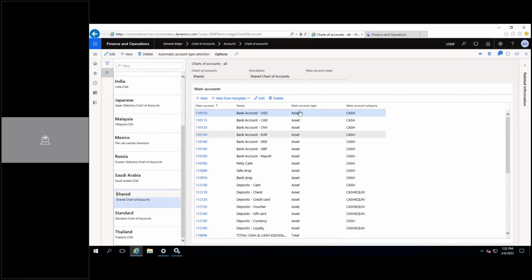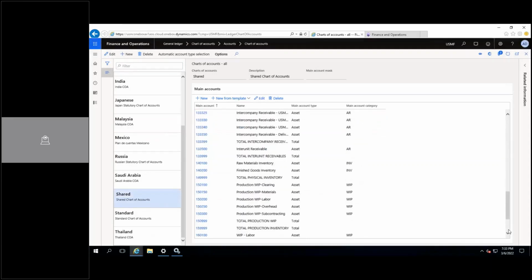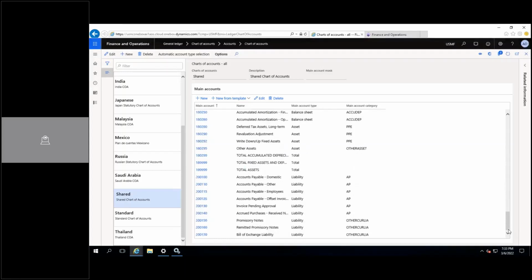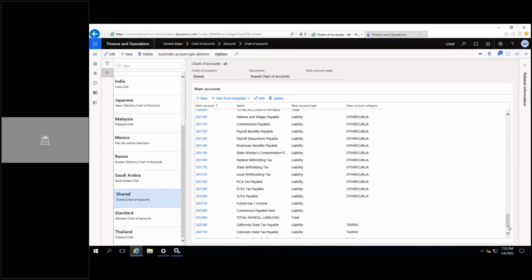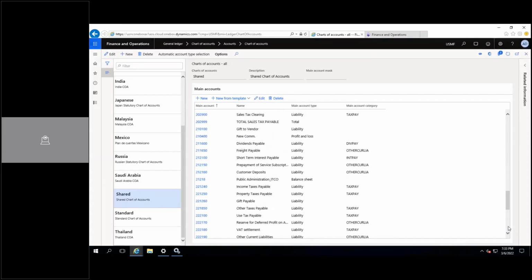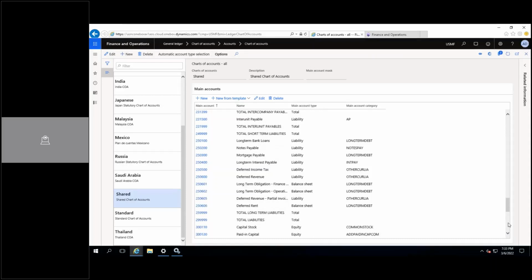So here one series is assets, two series is liabilities. Look at this one. Next, three series is equities. Equities is very, very few. Just give me a minute, it is loading.